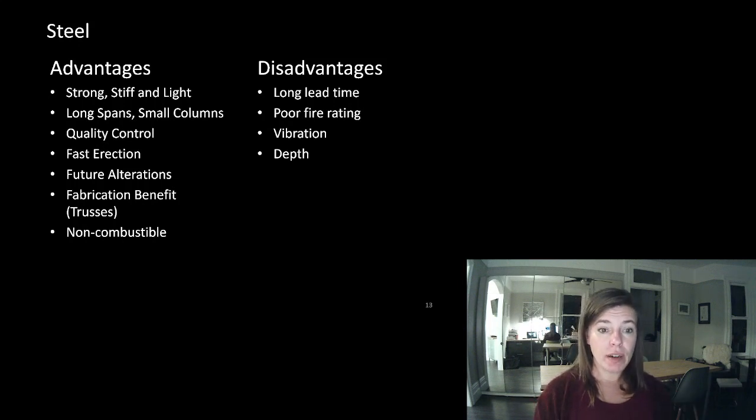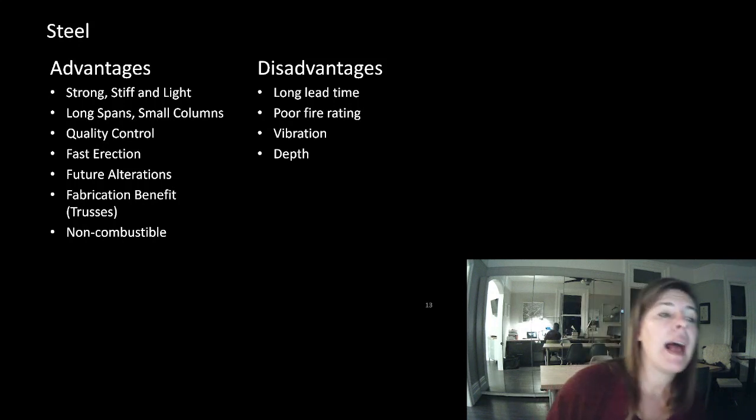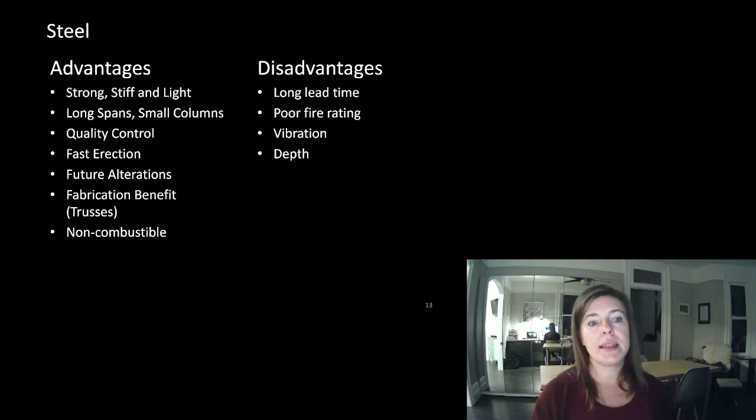In a fire, we have fire ratings that tell us how long a building needs to be able to stand to allow people to get out of it in the event of a fire. If steel essentially melts, I mean, it's not really melting, but we're heating it up so hot that it's not as strong as it was. Steel doesn't do well in that situation.